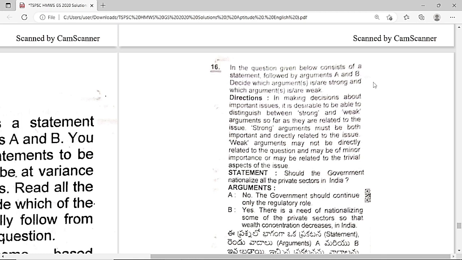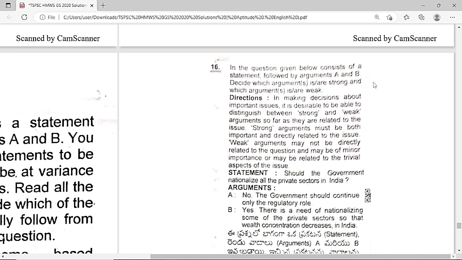Listen carefully. These are the directions by which we can say which arguments are strong and which arguments are weak. In making decisions about important issues, it is desirable to be able to distinguish between the strong and the weak arguments so far as they are related to the issue.